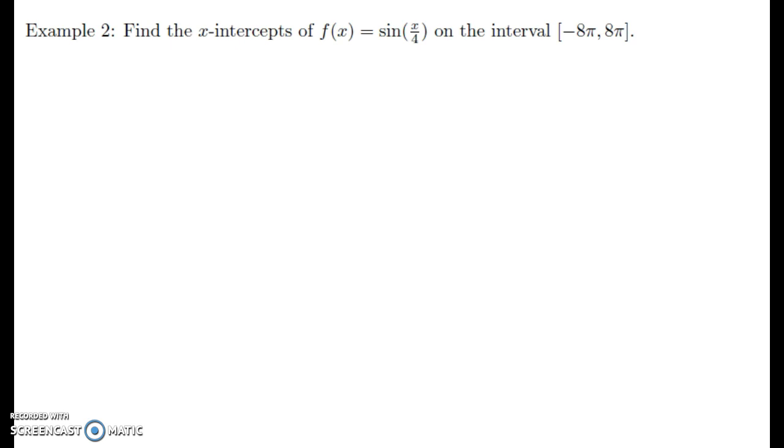So in this example, we want to find the intercepts of the function f of x equal sine of x over 4 on the interval negative 8 pi to 8 pi. X-intercept, so what it means is we want to, so x-intercept is of the form x comma 0, so y will equal 0.